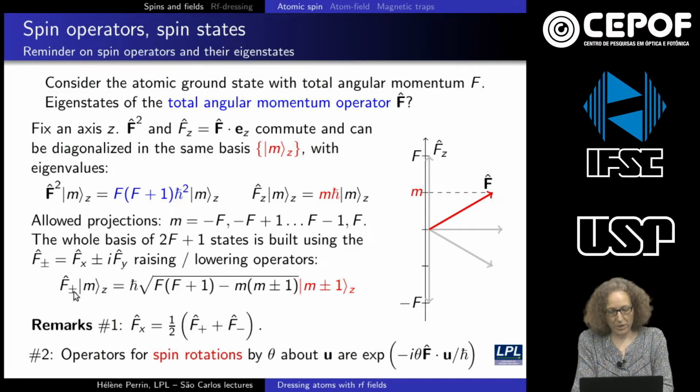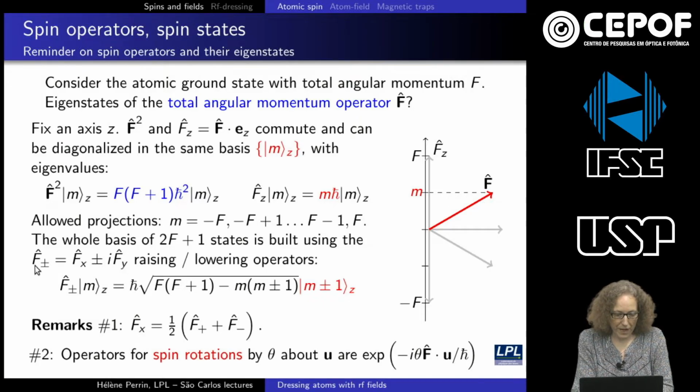So it could be also the other way around. With F minus, you start from here and apply F minus 2F times up to minus F. So the F plus and F minus operators are obtained from a combination of the projection of the angular momentum onto the X and Y axis with plus and minus i.